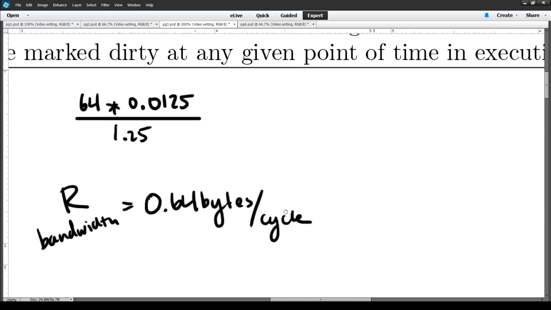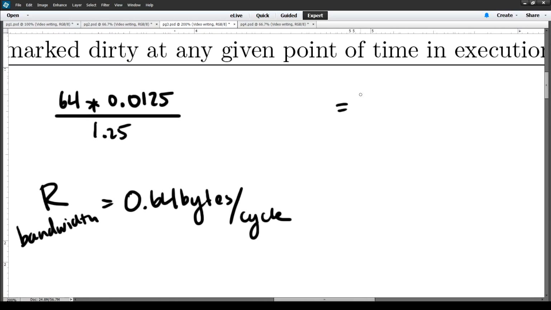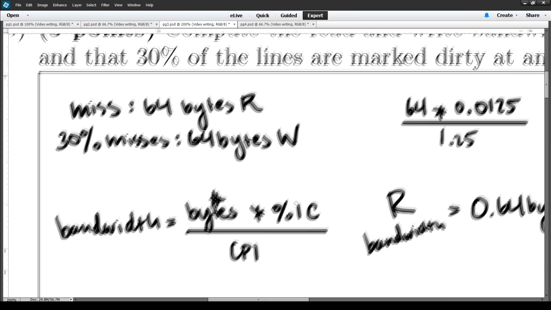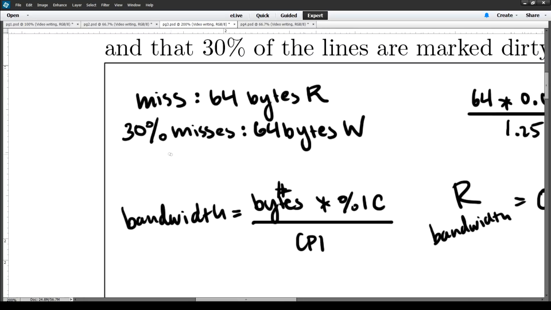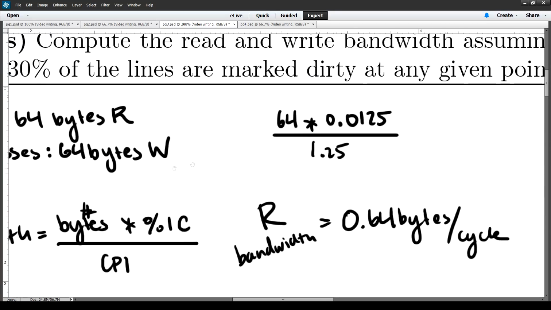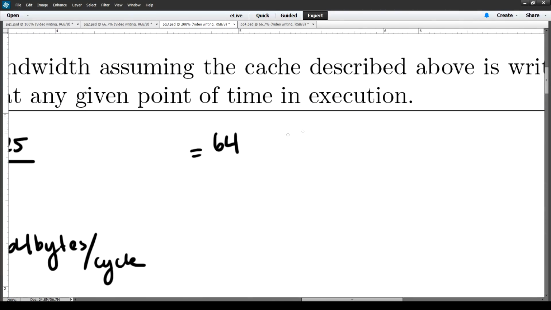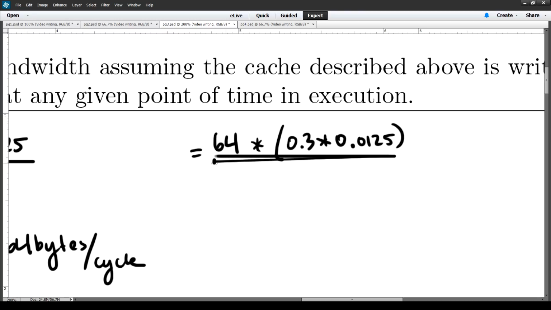So for the write bandwidth, we again have 64 bytes being written, but this time instead of just doing the 1.25% of misses, we needed to take 30% of those 1.25% of misses. So this is basically like saying 0.3 times 0.0125 all over 1.25.